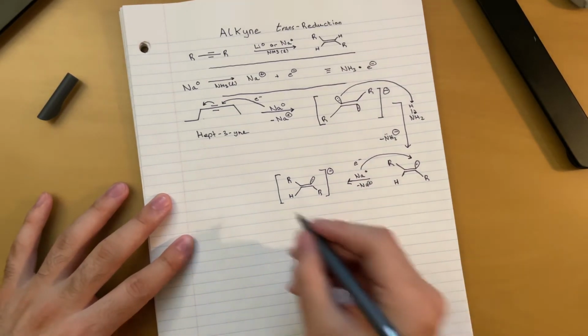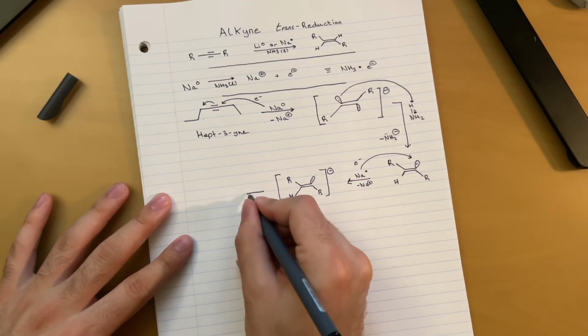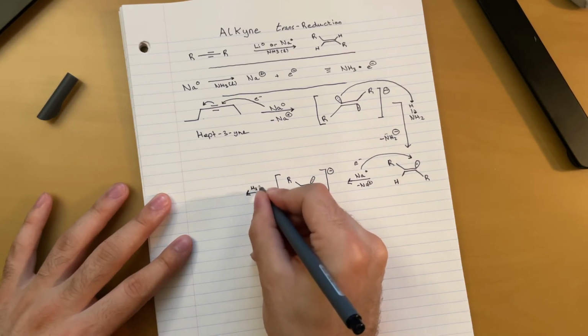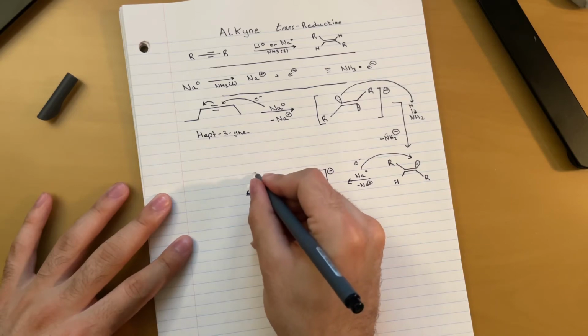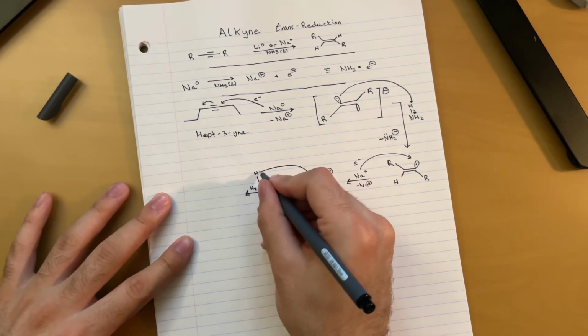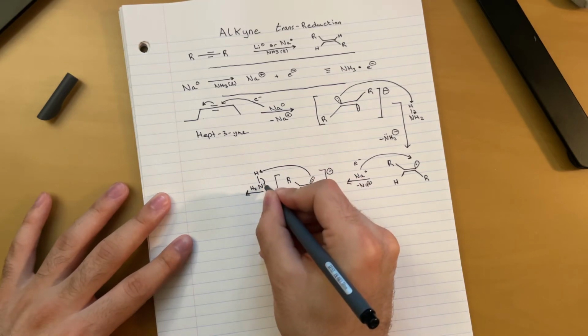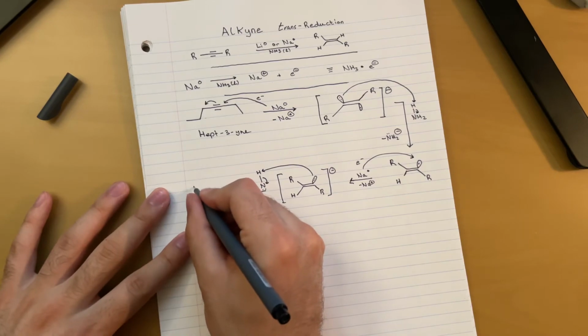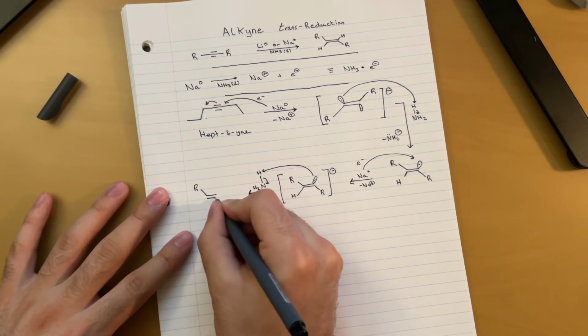All right, and the solvent once again. Like this. Grab the hydrogen, put it in the center, and then the electron pair goes back, and we get our product.